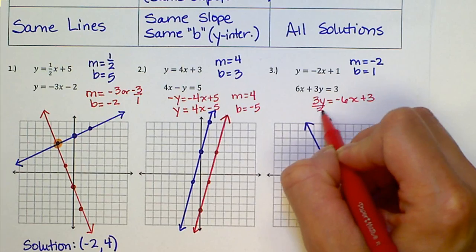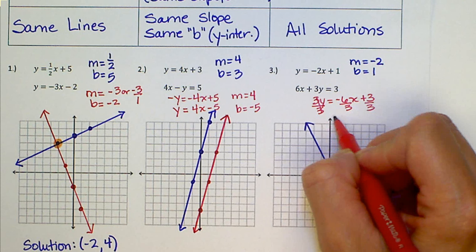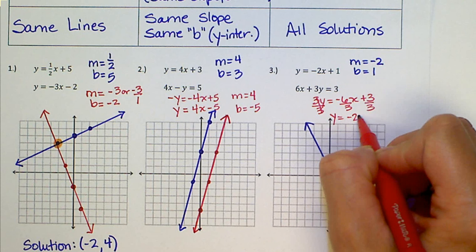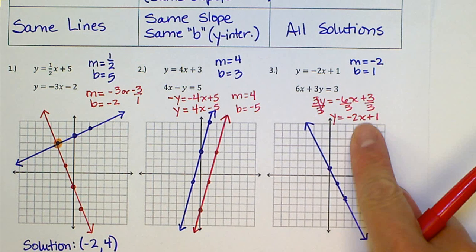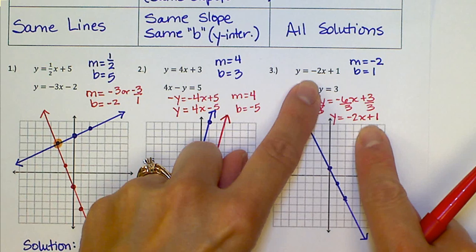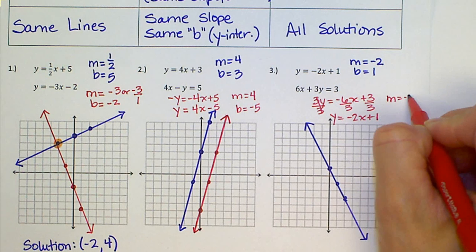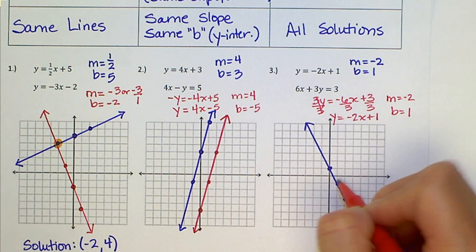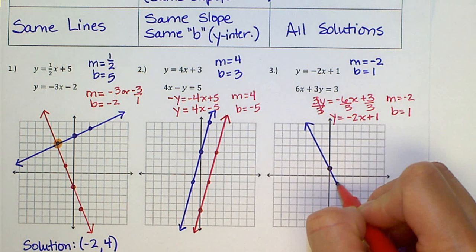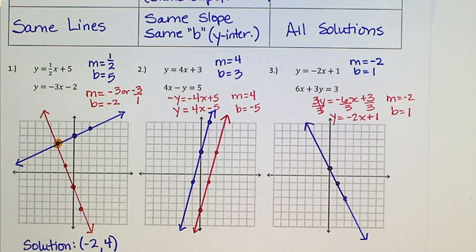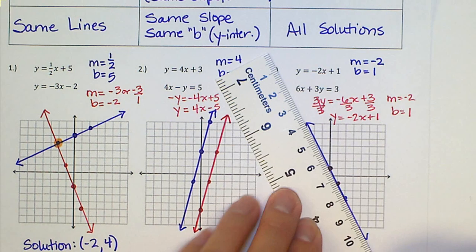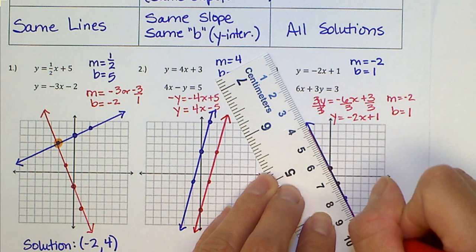Then when I divide everything by 3, I get y equals -2x plus 1. Oh my goodness, that is the exact same line. The slope is -2, my b is 1. So if I start here and count down 2 over 1 and take my red pen and draw it the same way, I have the same line.